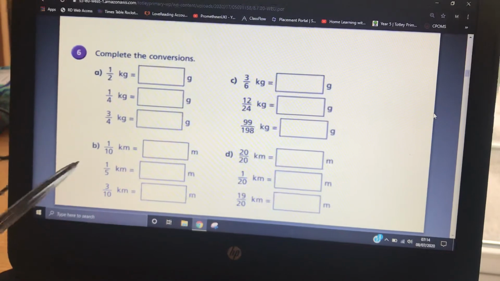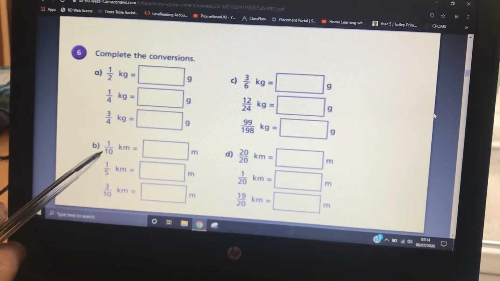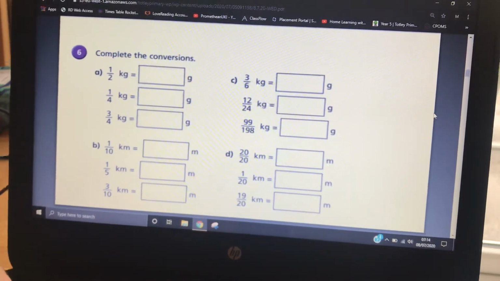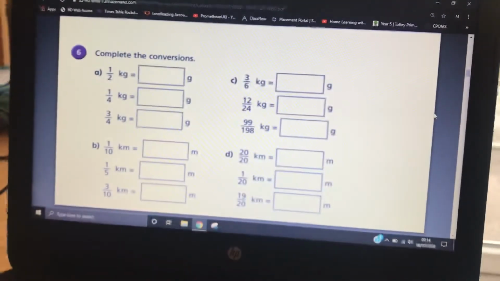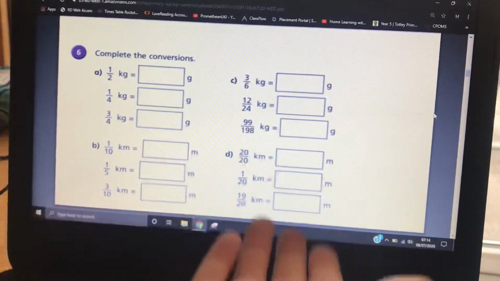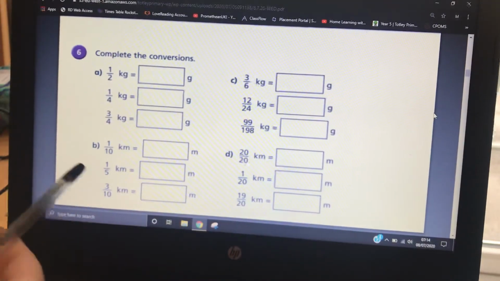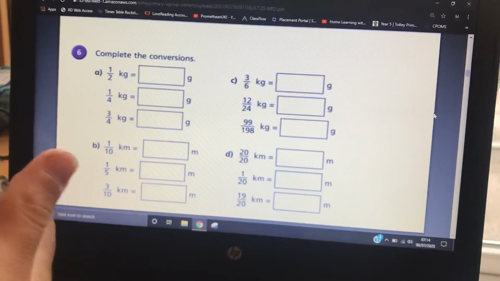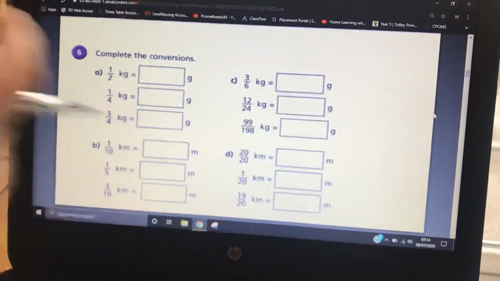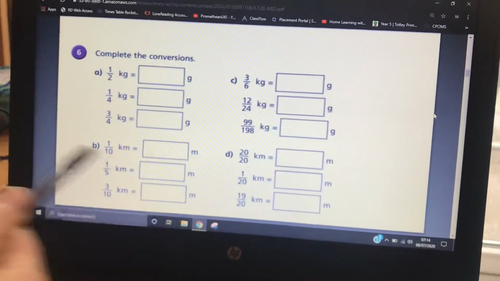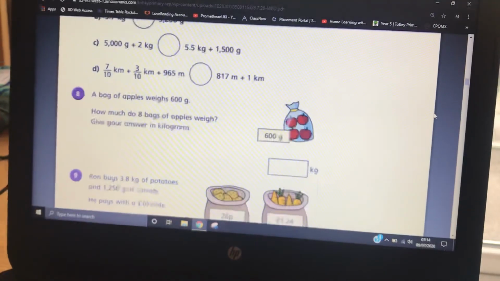A tenth: break a kilometre into tenths, what's one of them? 3 tenths, because then you can work out 3 tenths. 1/5: well, 1/5 is 0.2. It breaks 100 into 20 pieces. So have a little look at those.